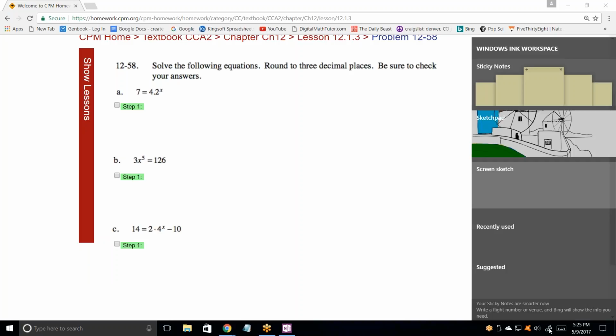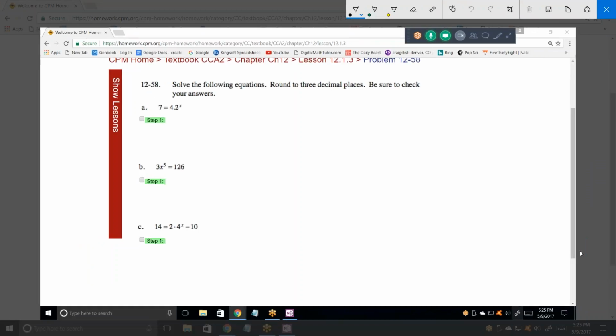You have your calculator? No. Can you get it? These are calculator problems here. But I want to make sure we get the same answer, so I need you to have your calculator.